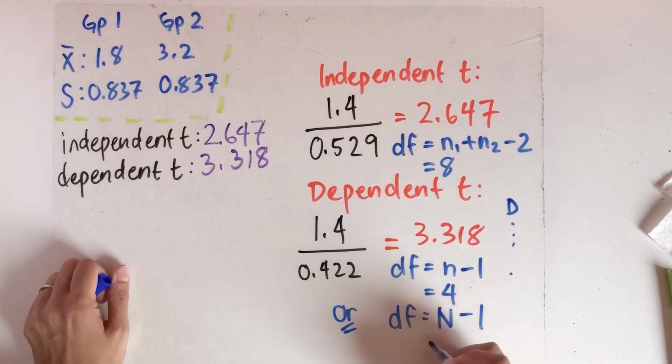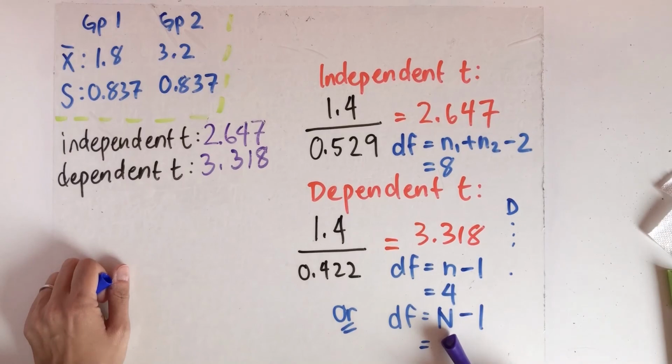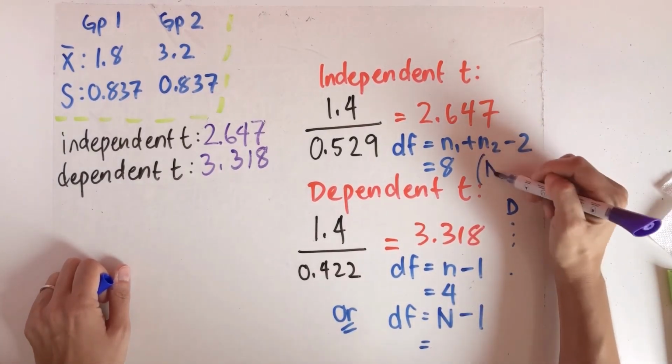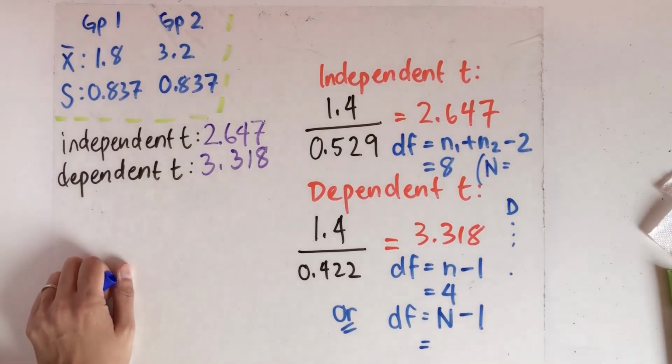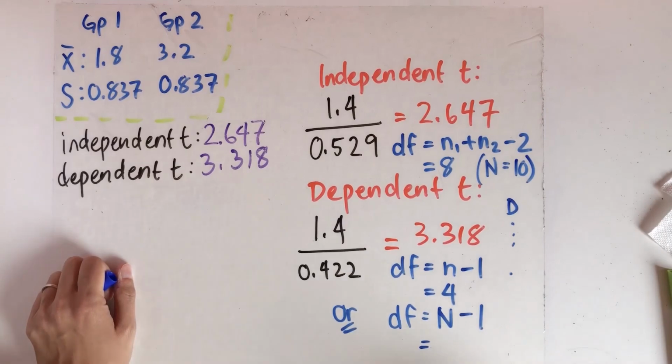So just to clarify, n minus 1 is correct whether you're using a little n or a big N here. That is not the case here, because the big N for this is 10. And here again, it's 5 minus 1.